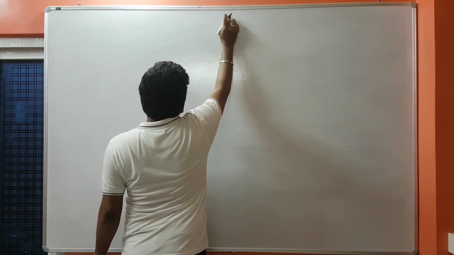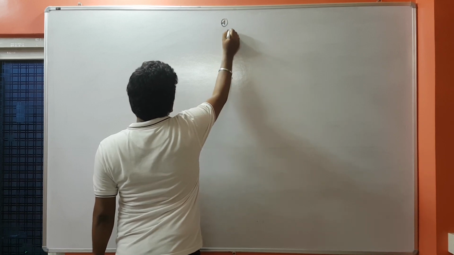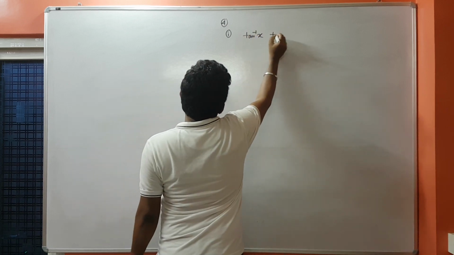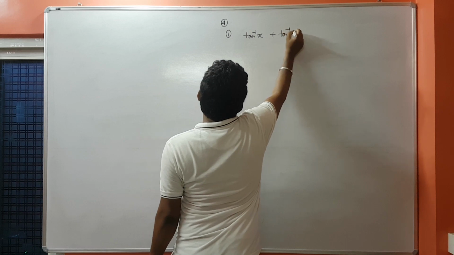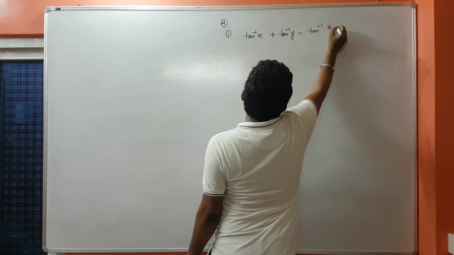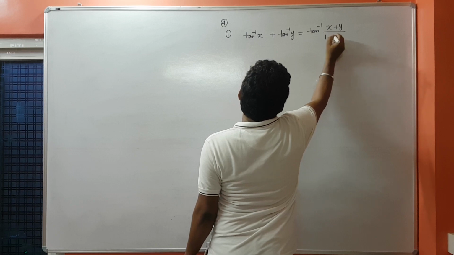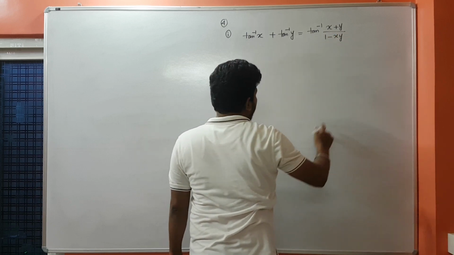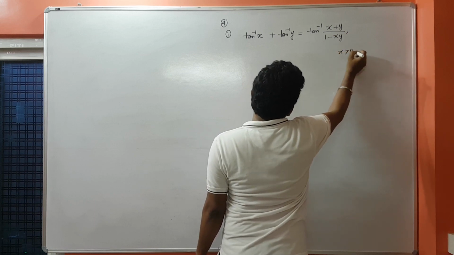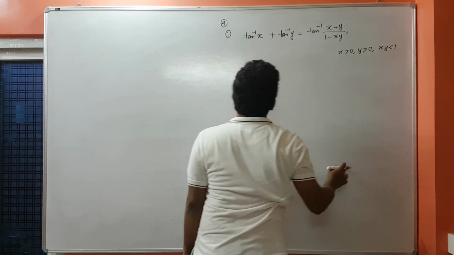Set 4, number 1: tan inverse of x plus tan inverse of y is equal to tan inverse of x plus y divided by 1 minus x into y, where the conditions are x must be positive, y must be positive, and the product of x, y is less than 1.